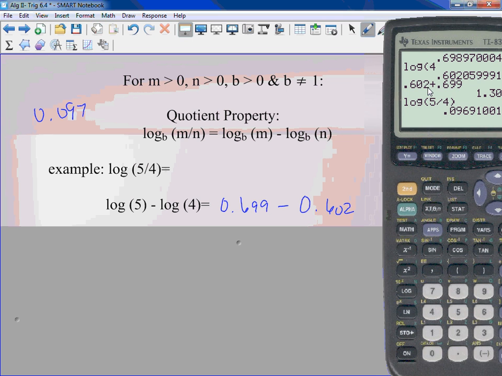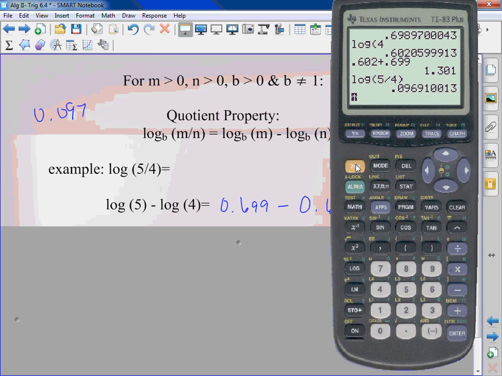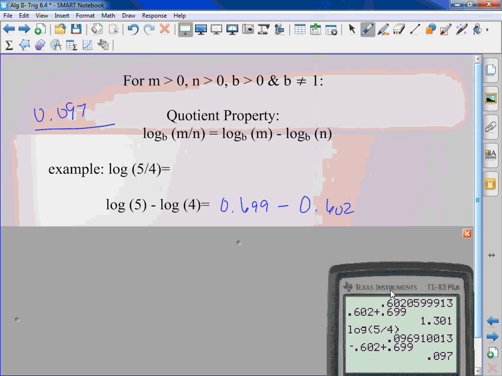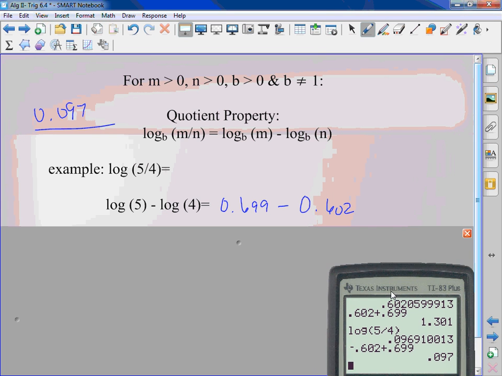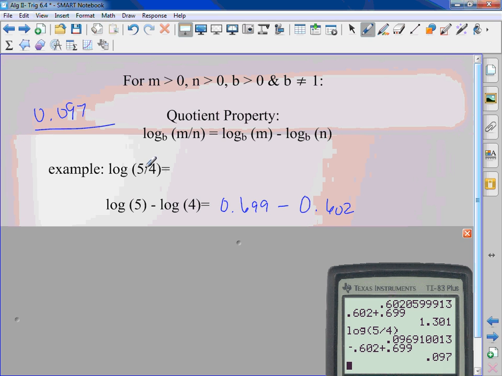When I subtract, I'm just going to put the minus here. And I get the same thing, 0.097. If it's 5 divided by 4, the 5 has to come first.